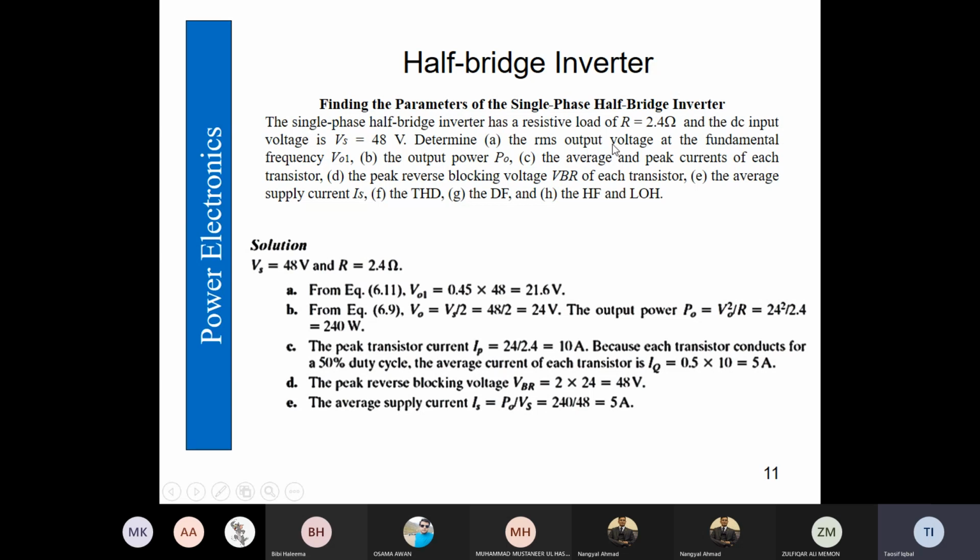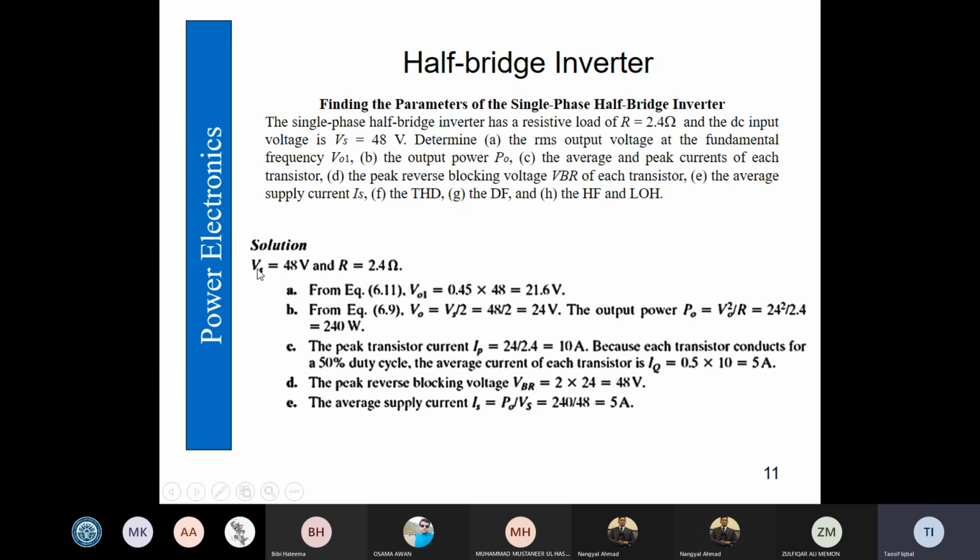We have to find out the RMS of the output voltage at fundamental frequency, then output power, average and peak currents of each transistor, peak reverse blocking voltage for each transistor, and average current supply on the DC side, total harmonic distortion, distortion factor, harmonic factor, and then finally lowest order of harmonic.